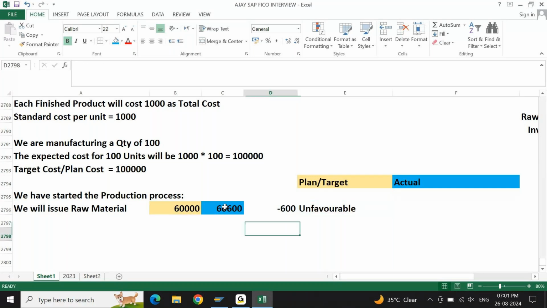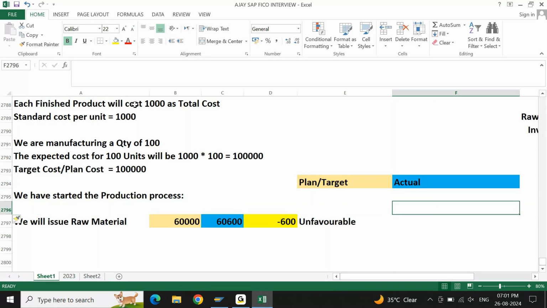Now, there is a variance of 600. This 600 is called as what? Variance.